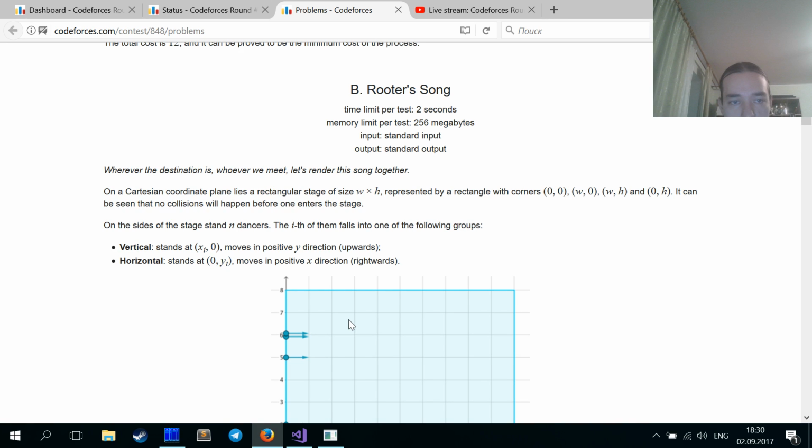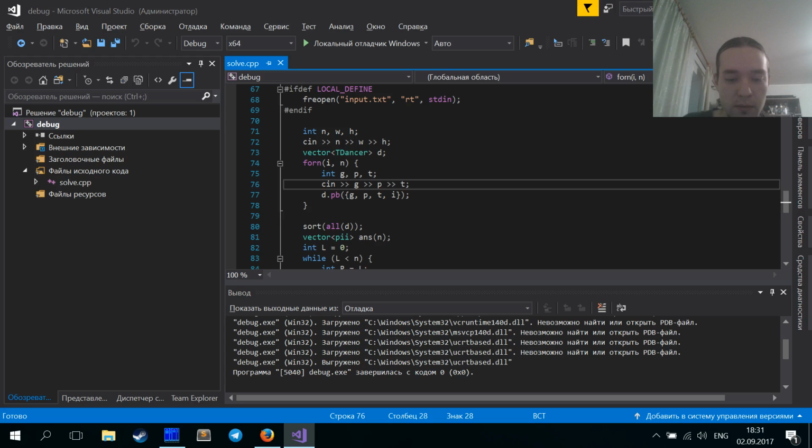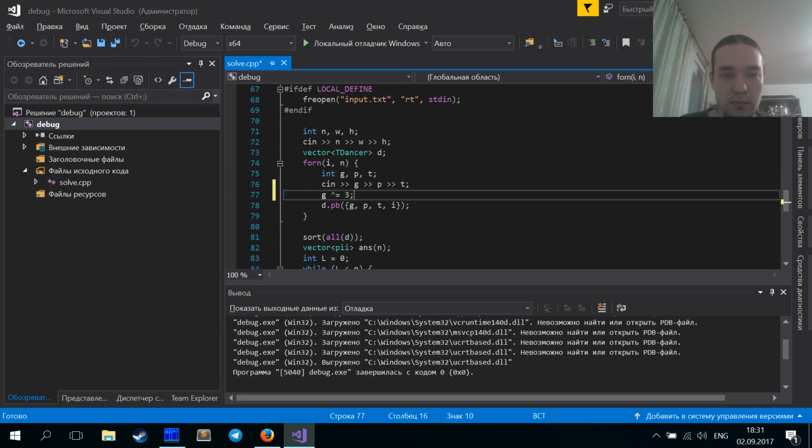Oh, I see. So everything is vice versa actually. I have messed up vertical and horizontal directions here.